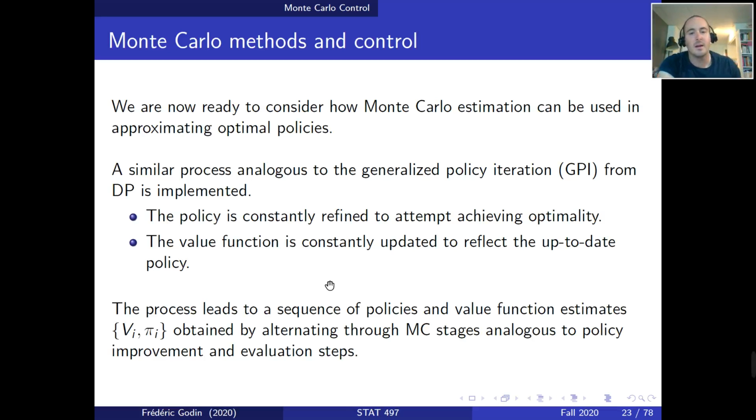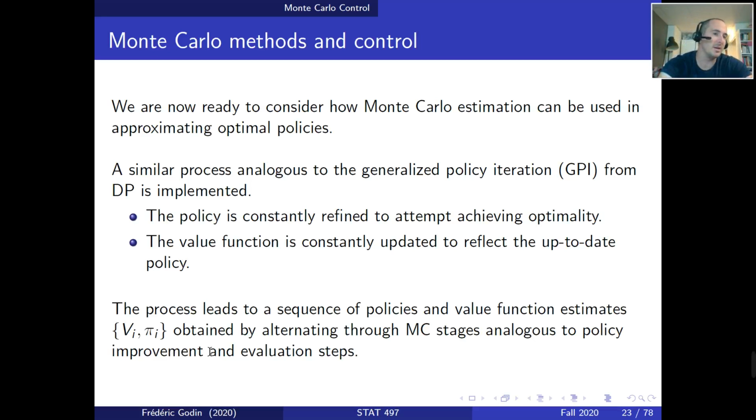This leads to an iterative procedure, which gives a sequence of value function estimates and policy estimates.